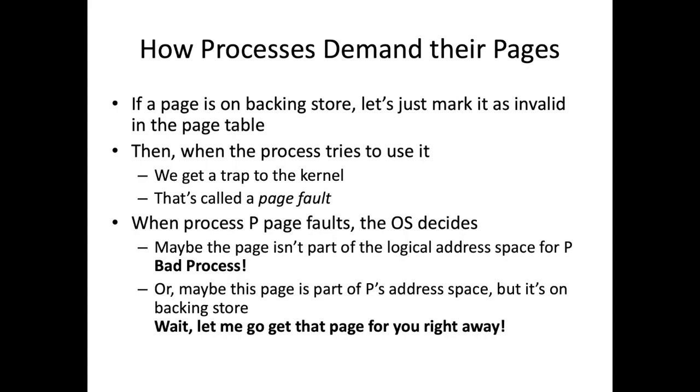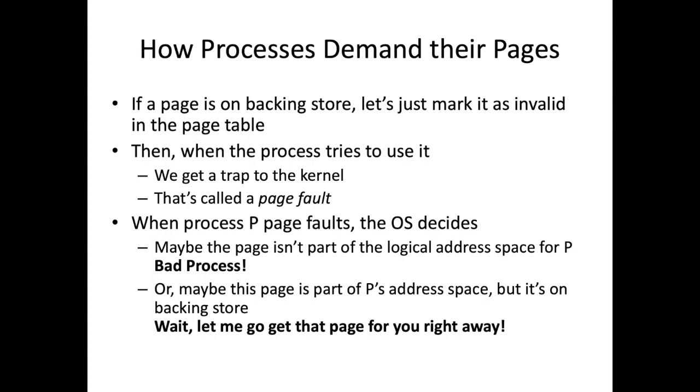We'll just take all of the pages that aren't memory resident, the ones that live on secondary storage right now, that don't actually live in a frame of physical memory, and we'll mark them as invalid in the page table. What will that do? Well, remember, if a page is marked as invalid in the page table, then if a process tries to access it, the hardware automatically traps to the OS.